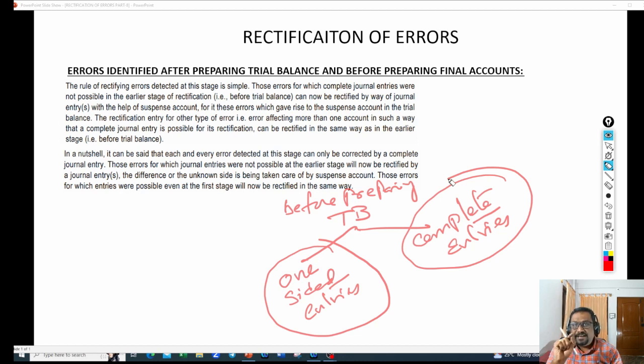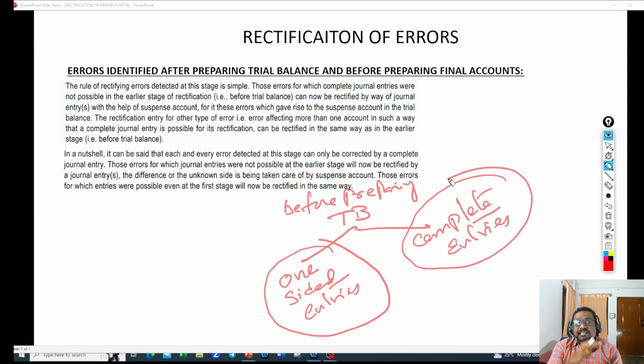Now I am giving some value addition to that. You started preparing one-sided rectification entries because those mistakes have impact on only one account, a single account. That is one reason.